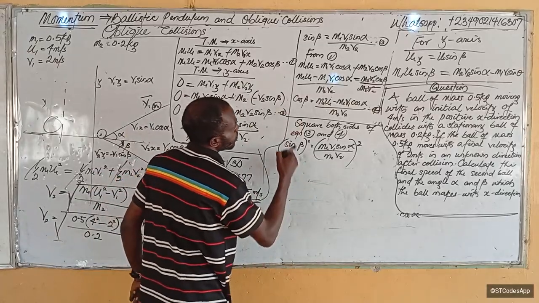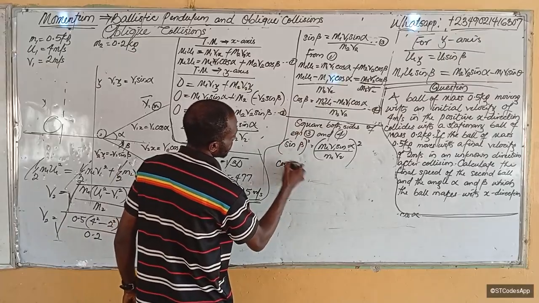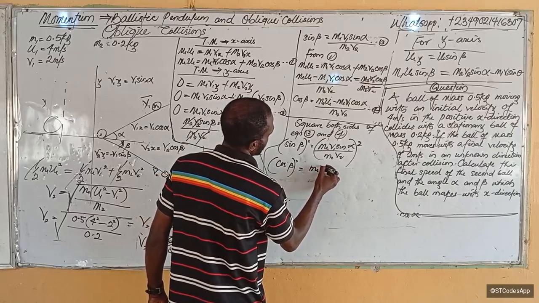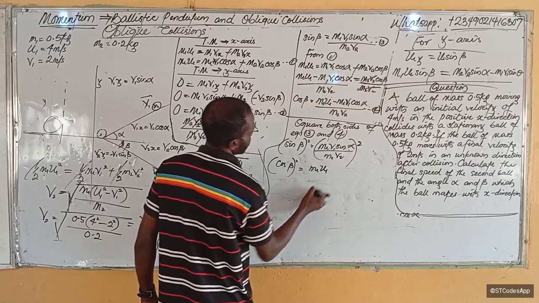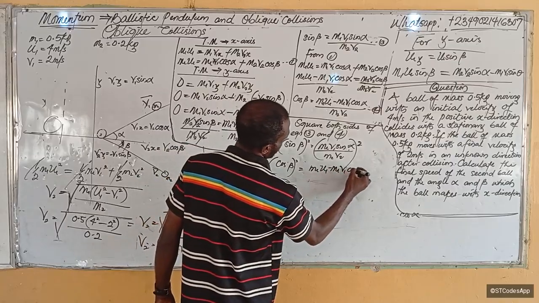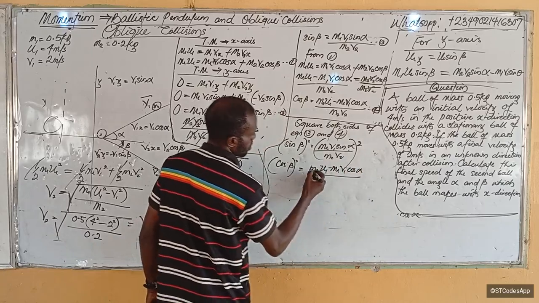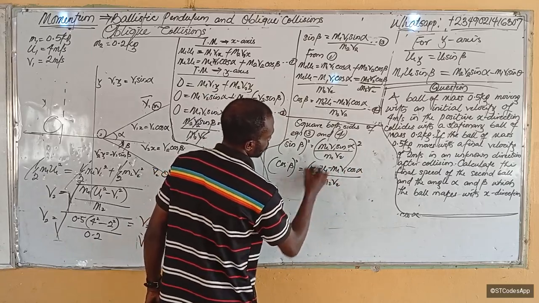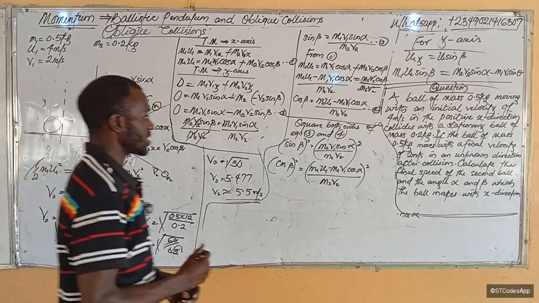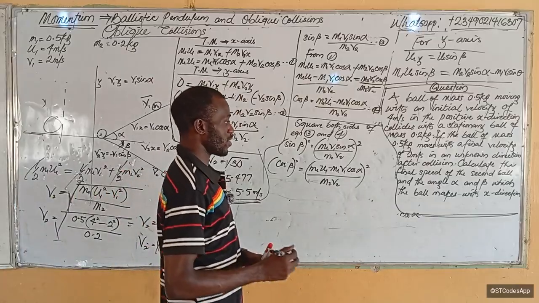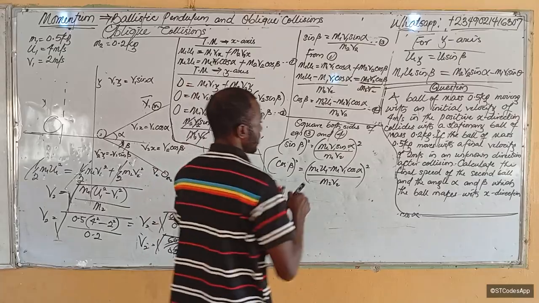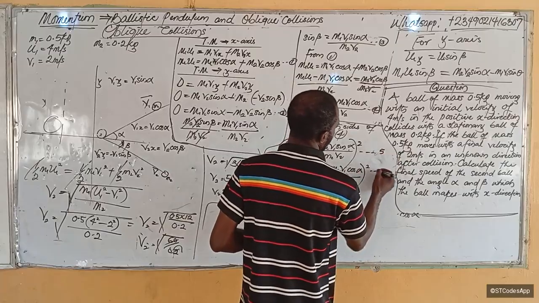Then equation 4 squared will be cos beta all squared equal to m1 u1 minus m1 v1 cos alpha over m2 v2 all squared. All right, I think if we bring in numbers, they will help us here. Let's call these our new equation 5 and equation 6.